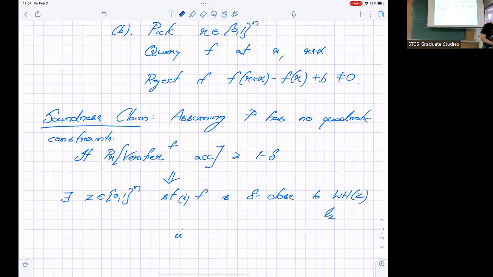And two, Z is a satisfying assignment to the system.